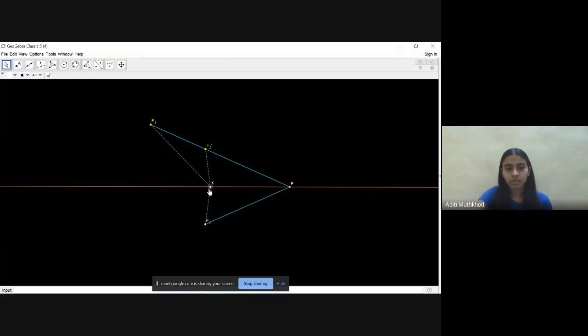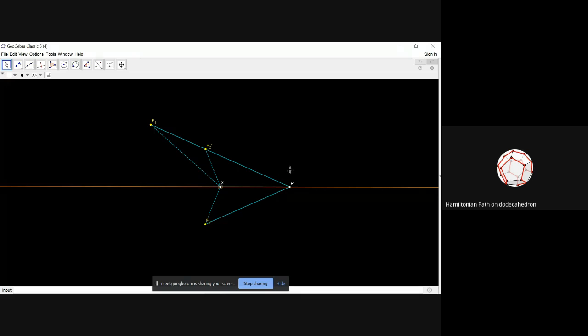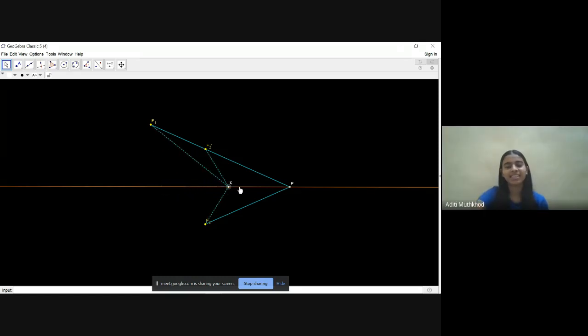So for some point x on this line, we want |xF1 minus xF2| to be minimum. Minimum or maximum? Sorry. Minimum would make sense. Yeah. Thank you for pointing it out. I tend to say such things. Yeah, so we want the difference between these two values to be maximum.